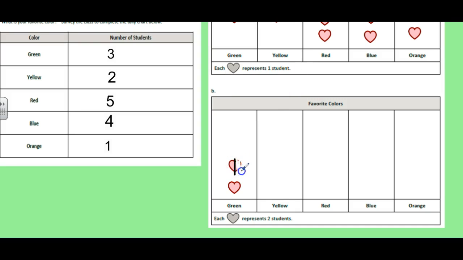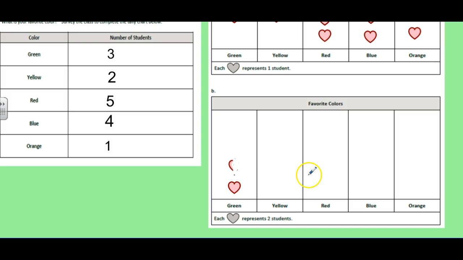So I'm going to erase half of this heart because I know that a whole heart is equal to 2, and now I have half of a heart, which is equal to 1. So you're going to have to make sure on your chart that you're drawing regular sized hearts for 2 students, and the half-sized hearts are going to be for 1 student.